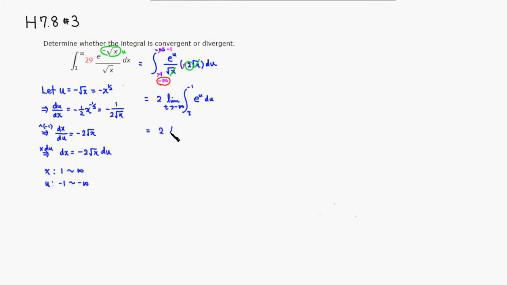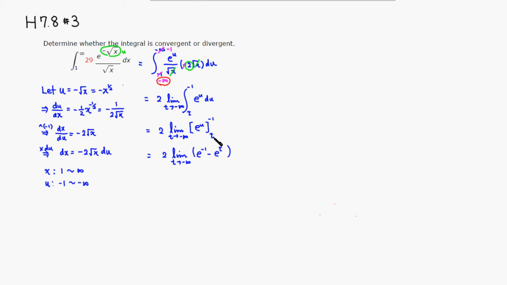So 2, we still need to take the limit as t approaches negative infinity. The antiderivative of e to the u du is e to the u, going from t to negative 1. So this is 2 times the limit as t approaches negative infinity of e to the negative 1 minus e to the t.